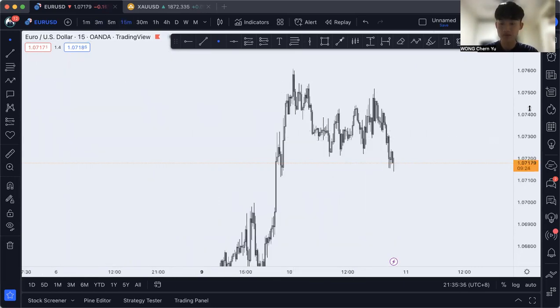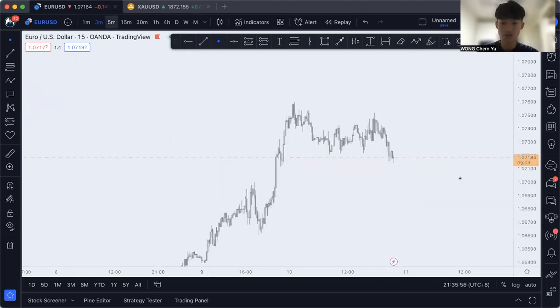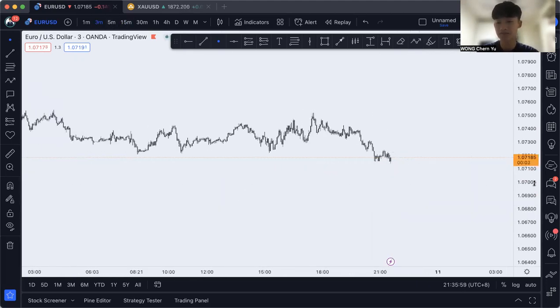The upcoming videos will be talking about the other concepts of SMC, which are structure, supply and demand zones, and market imbalances. But liquidity itself is one of the most important concepts, and if you can grasp it really well, you will be a very successful trader.